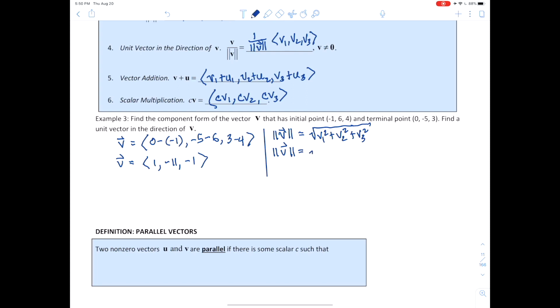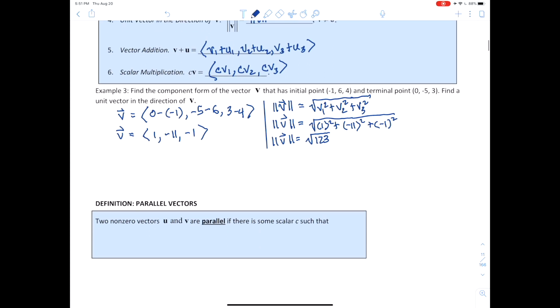That's going to be equal to the square root of 1 squared plus negative 11 squared plus negative 1 squared. So what will we get? We will get the square root of 1 plus 121 is 122 plus 1 is 123.